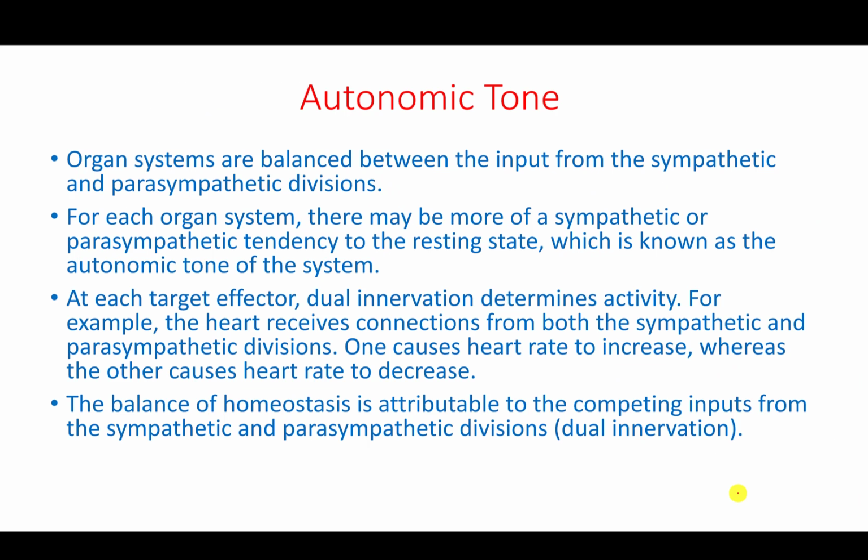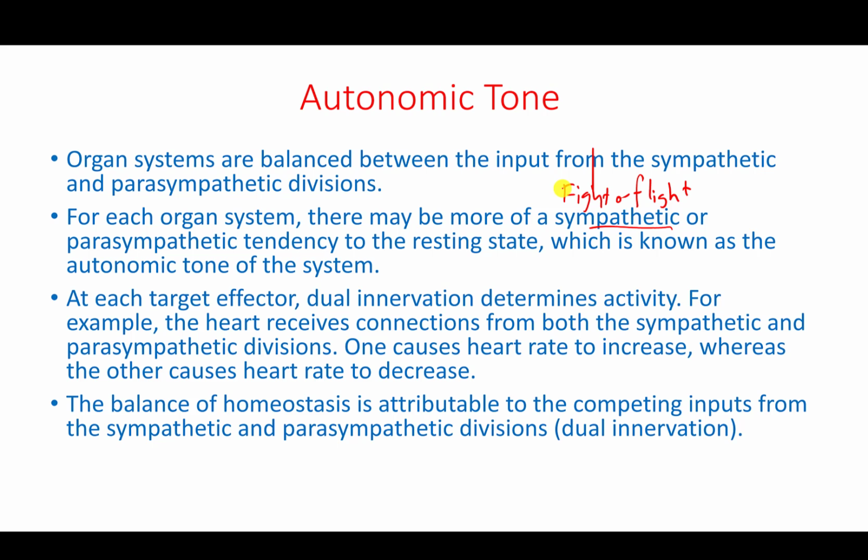The autonomic tone, we said this is a result that both sympathetic and parasympathetic divisions are sending thousands of action potentials to the same organs at the same time. And usually, this will determine the state of the system. Yes, we said in general that sympathetic is for fight or flight, okay? But this does not mean that it's always stimulatory.